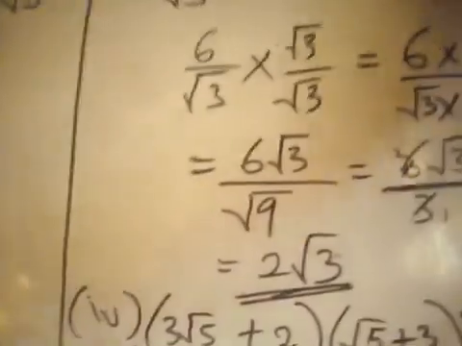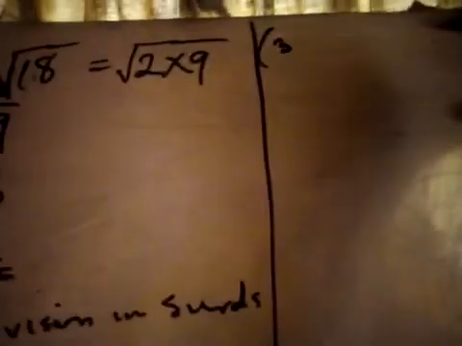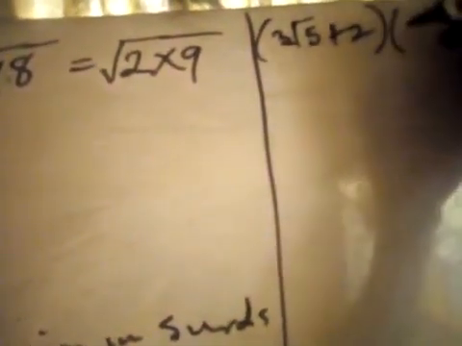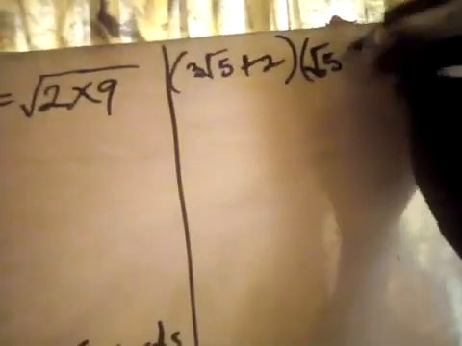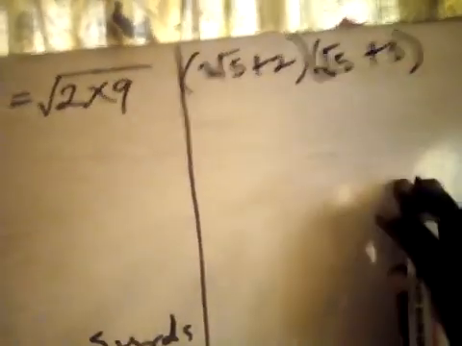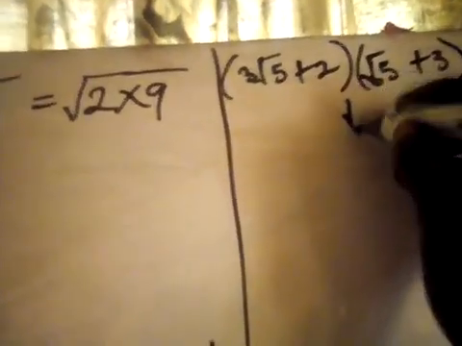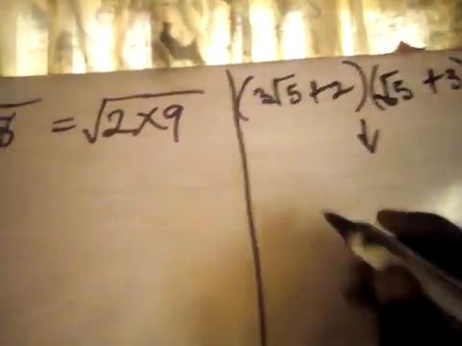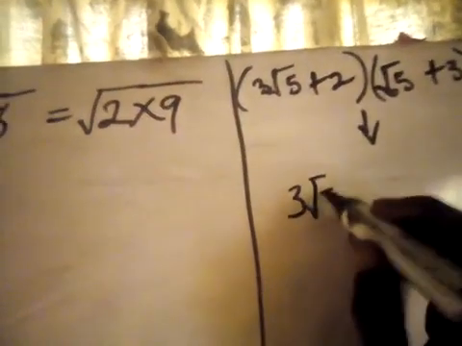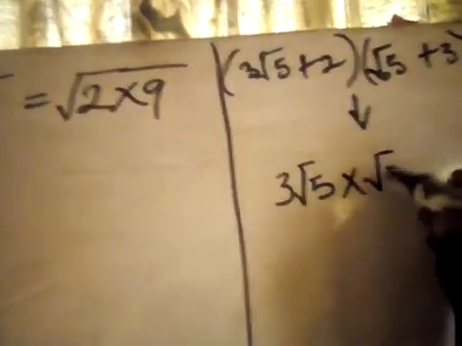So let's start from here. We have this 3 root 5 plus 2, then we have root 5 plus 3. So what we need to do is multiply this by this, it will be root 5 times root 5. You understand now?